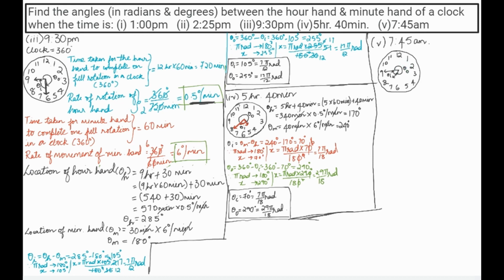So first let us find out the location of our hour hand, that is theta H. Our hand has moved 7 hours and 45 minutes.